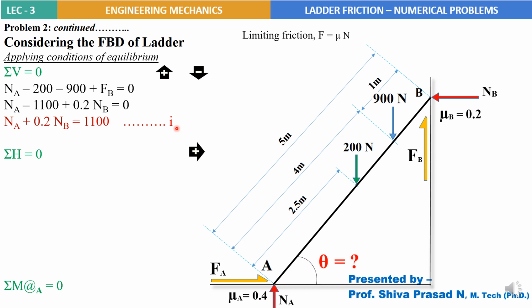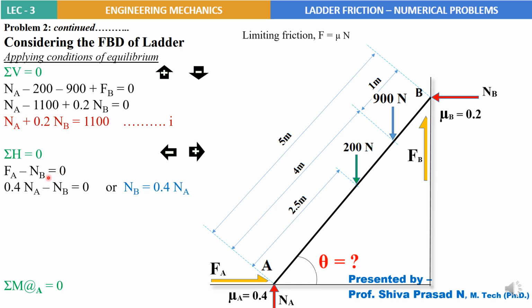So next condition of equilibrium, sigma H equal to 0, right side force positive, left side forces negative. So that is the sign convention I am going to assume here. So the forces along the horizontal: plus FA, right side force, minus NB, left side force. So FA minus NB equal to 0.